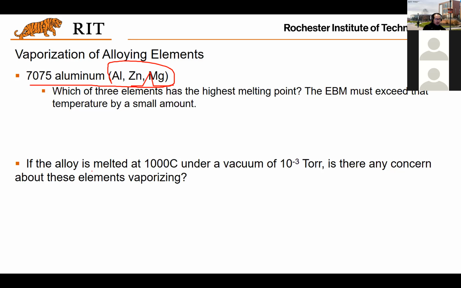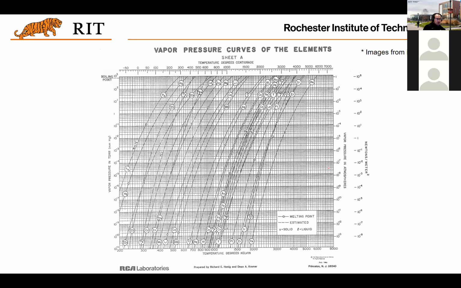In that case, you want to check a chart by looking at the temperature, the alloy, and also the vacuum, I mean the air pressure. So that is something like this. Basically, it gives you the vapor pressure curve of the elements, right?